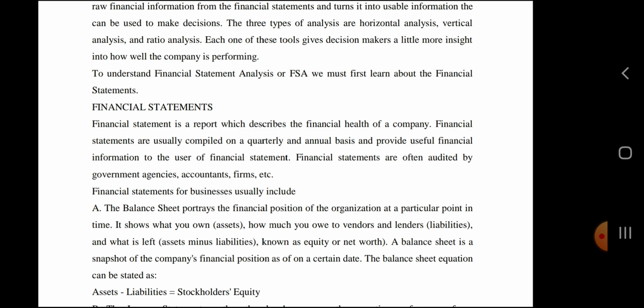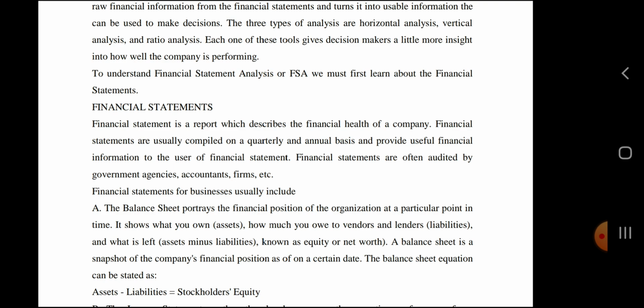Okay, financial statements are usually published or presented in front of outside users on a quarterly or annual basis. Okay, and this report provides useful financial information to users, meaning the outside investors, those investors who invest their money in the company, in the business.